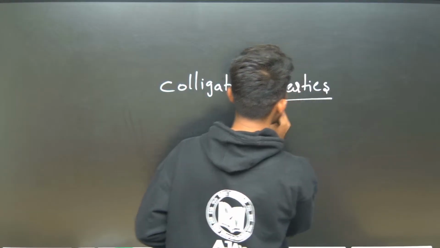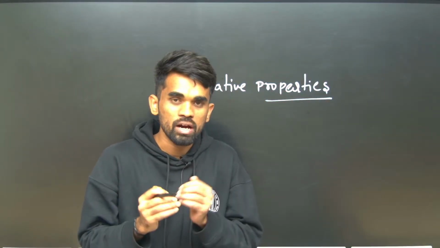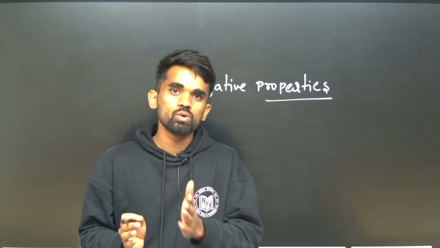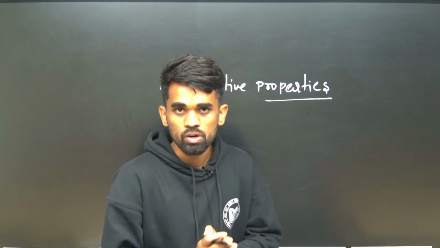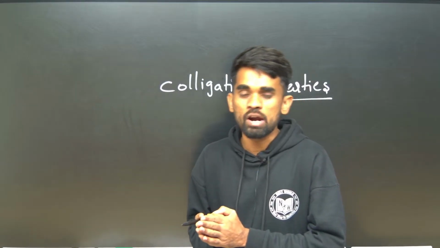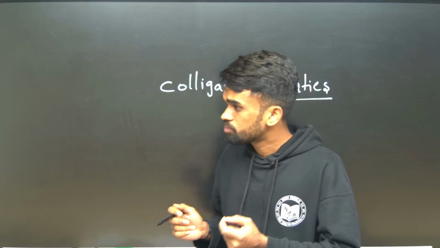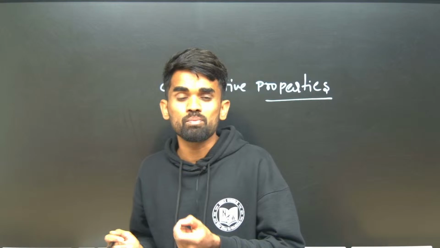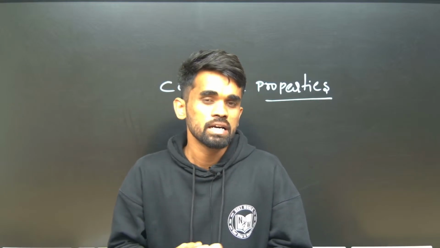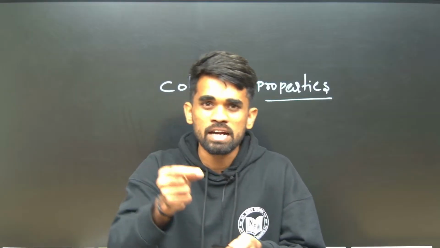For example, if you want to elevate the boiling point of water, say we are cooking rice. When we are making rice, we use water. In order to increase the boiling point of water, for example if the rice is not cooking properly, some of our parents might add some salt to it. So why do they add salt?